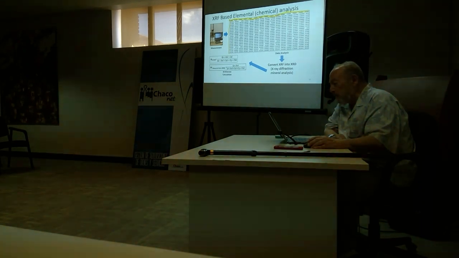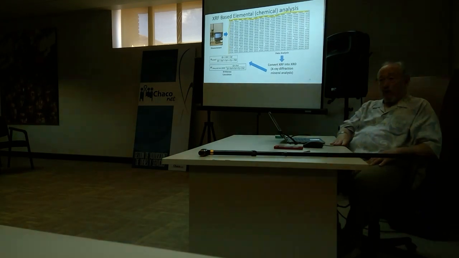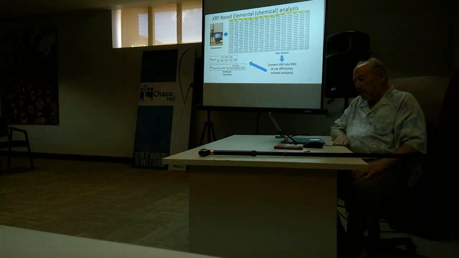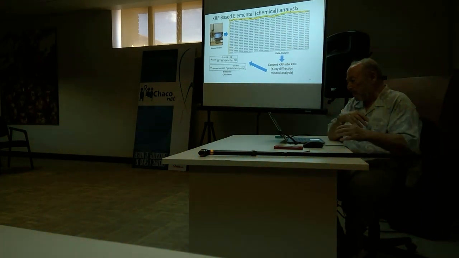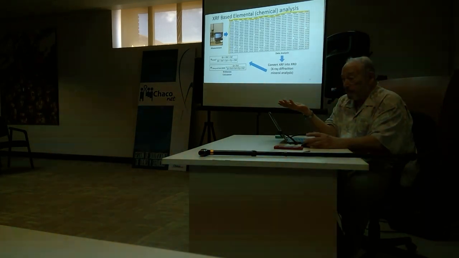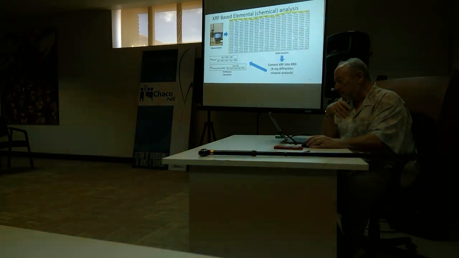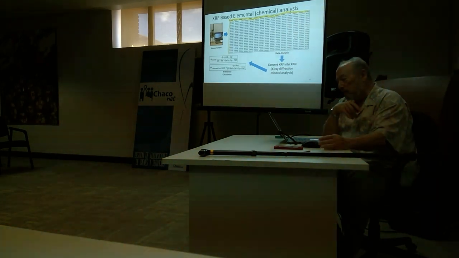And why you want to do this is, first of all, it's quick. You can take lots of measurements in a short period of time. But why do you bother to take these measurements in the first place? Well, it turns out that minerals are made up of chemical elements, and certain elements are in some minerals but not in other minerals.